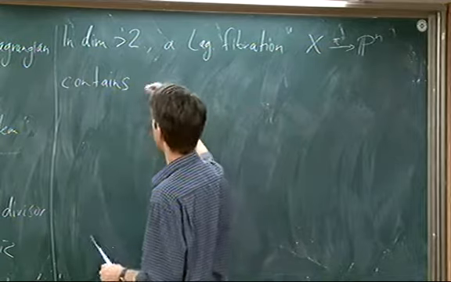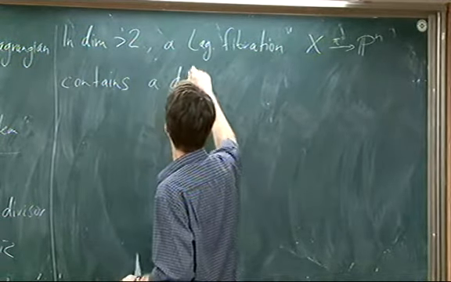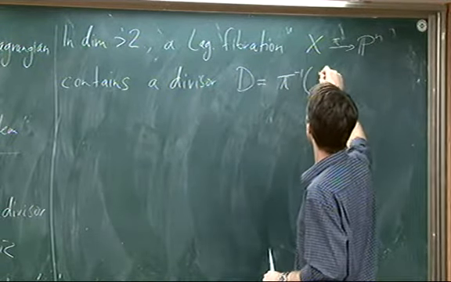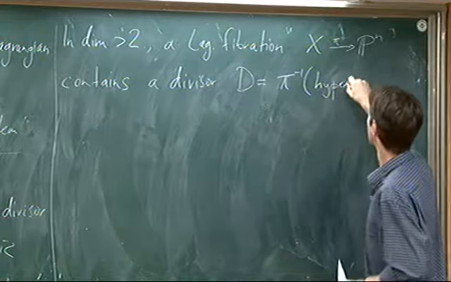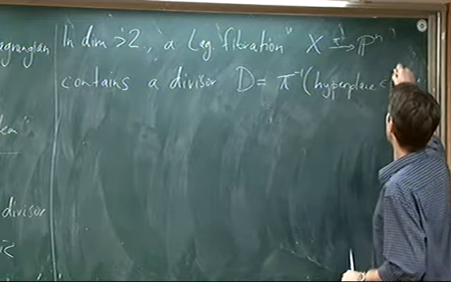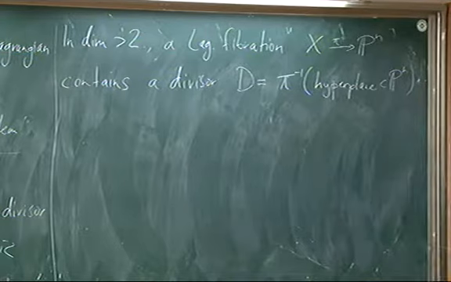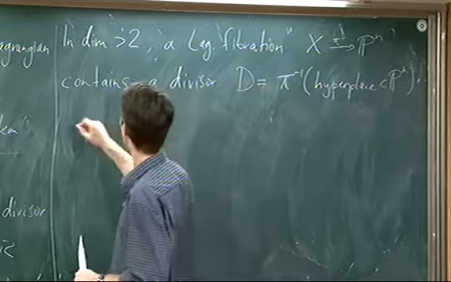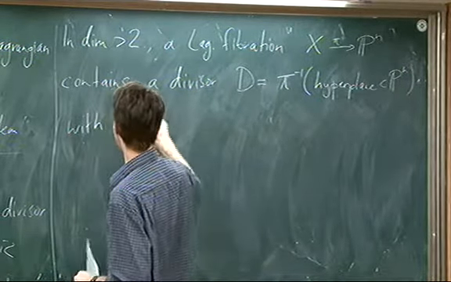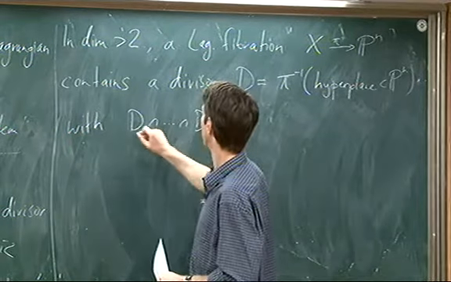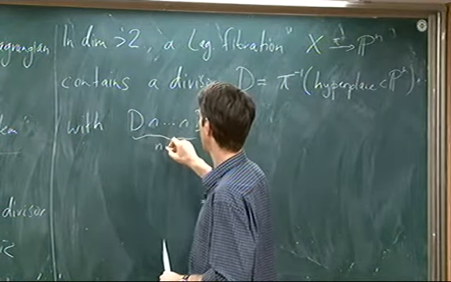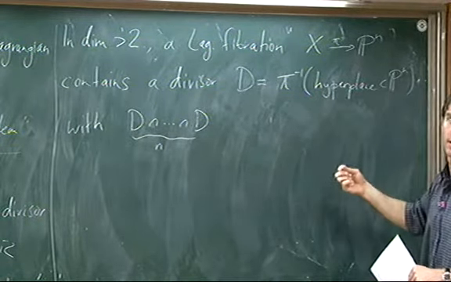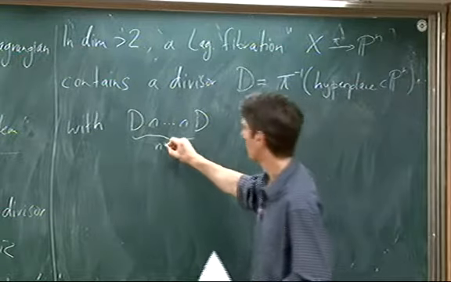So this contains a divisor D, the pullback of a hyperplane in Pn. And so what property does this have? If I intersect that with itself n times, well, if I intersect the hyperplane with itself n times, I get a point downstairs. If I intersect one more time, it should be empty.